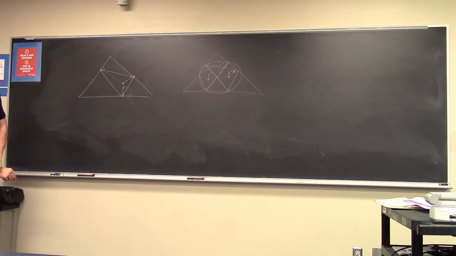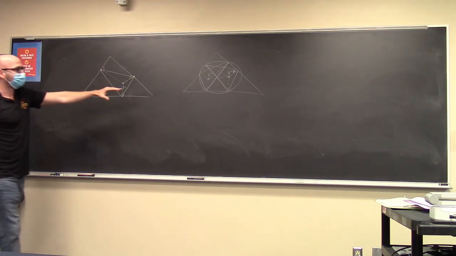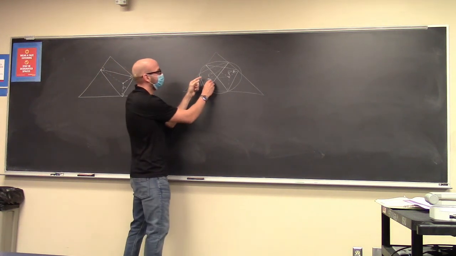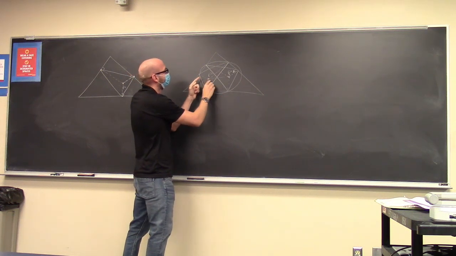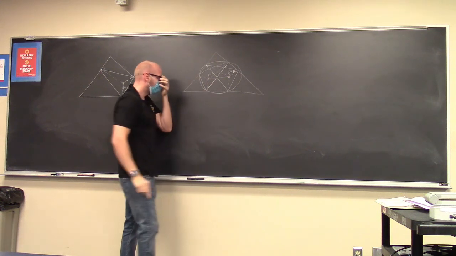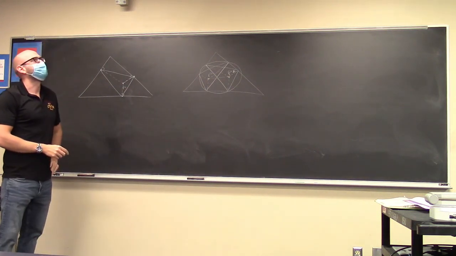Which means our proof of the existence of the 9-point circle is just a special case of this. The 9-point circle is formed when you take O and, did we do it for O and H? We did do it for O and H, right?